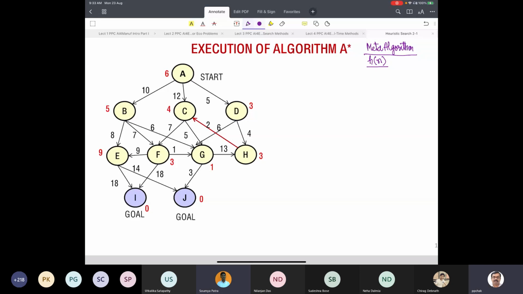So now, in this problem which we have, I am making some statements. Given that the cost C(n,m) is greater than 0, given Hn is greater than or equal to 0, given Hn is less than or equal to H star n, and monotonic.